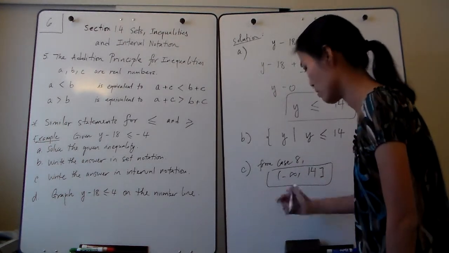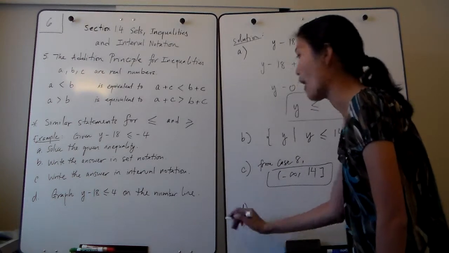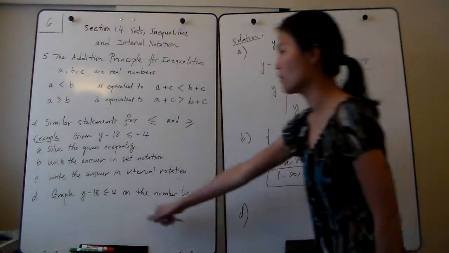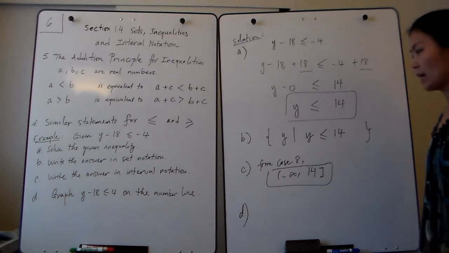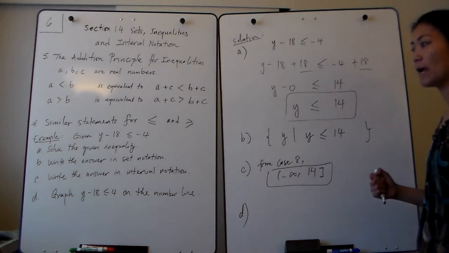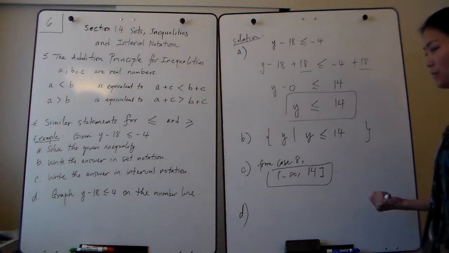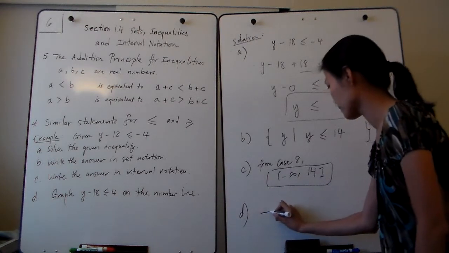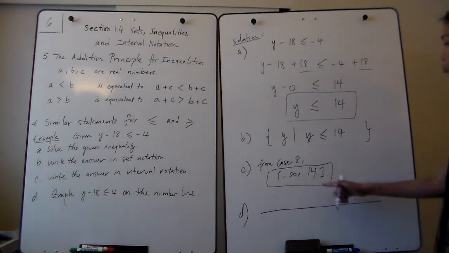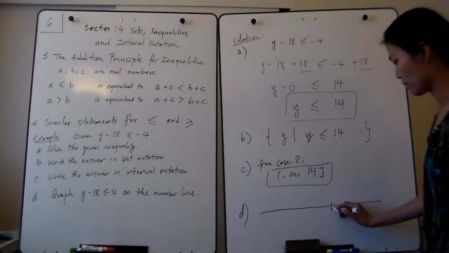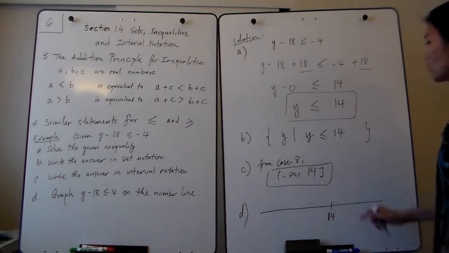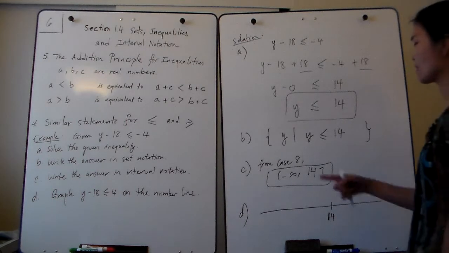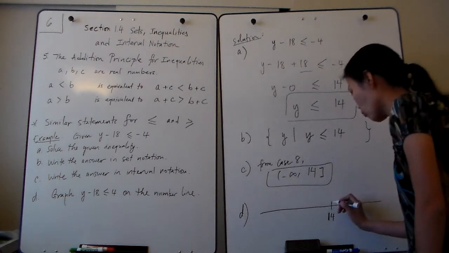Now let's start with part D. It is the graph. So we need to graph this inequality on the number line. Okay, if you have a question, you can go to the table and look for case 8. For this case, on the number line, the right endpoint is 14, right? So 14 right here. So y is any number that is less than or equal to 14, so we're including 14.